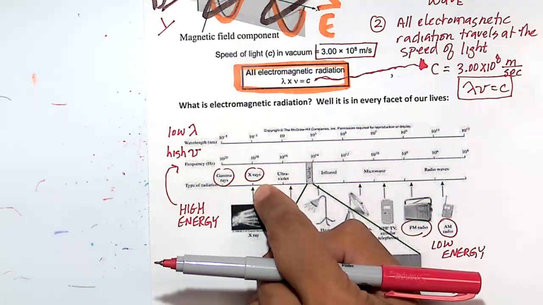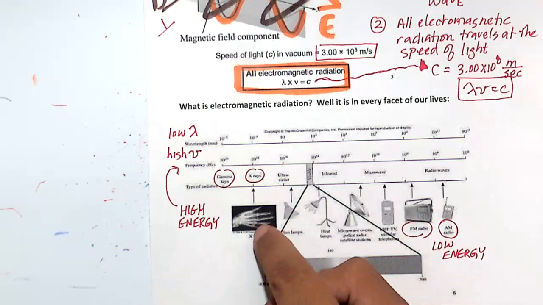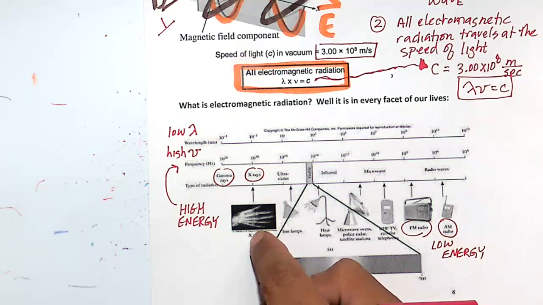Obviously, X-rays are pretty powerful. Why are they powerful? How many of you had an X-ray done? No one here had an X-ray? Never went to the dentist? Don't they put some lead thing around you at the dentist? Yeah, they don't want that X-ray to get to other parts of your body.